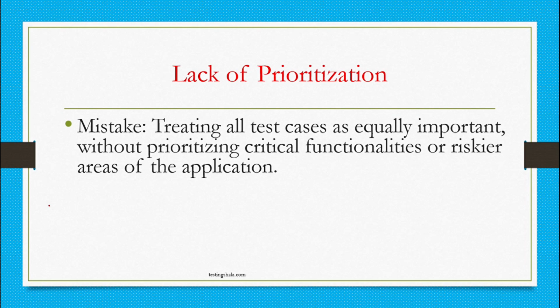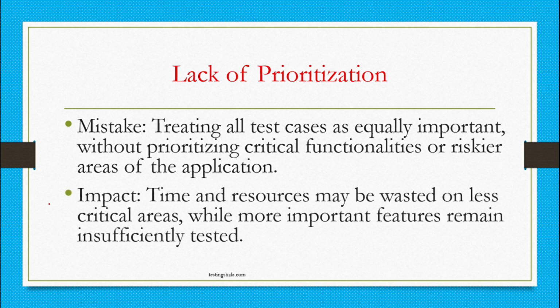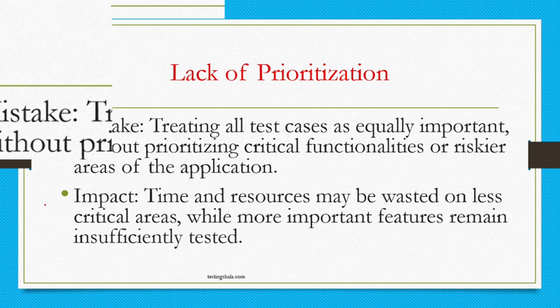If we do not prioritize, then time and resources will be wasted on the less critical areas, while more important features remain insufficiently tested. Because we are going to test everything, we cannot utilize our resources or time very efficiently.